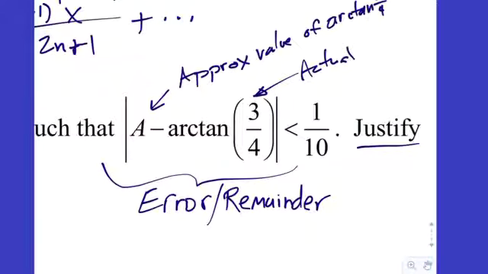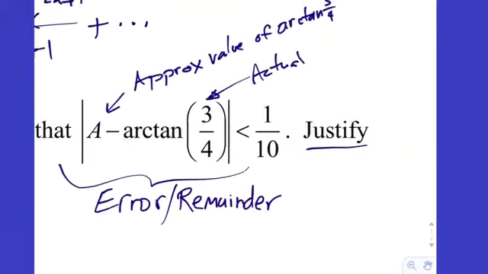Same thing. And what we want to do is find an approximation so that the error is bounded by 1/10. This would be what we're calling our error bound here. We want it to be within 1/10 of the actual number.